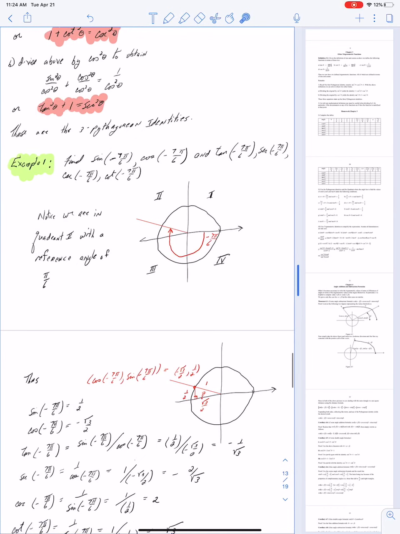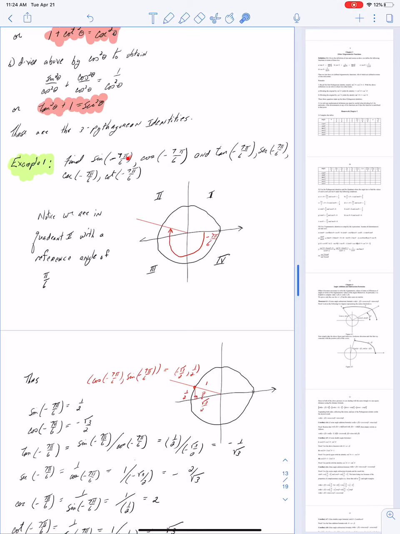I just have to figure out where on the unit circle I am at minus 7 pi over 6. Since it's negative, I travel in the clockwise direction. I start on the positive arm of the x-axis and go 7 pi over 6. There is 6 pi over 6, that's minus pi, and then I have to go another pi over 6.